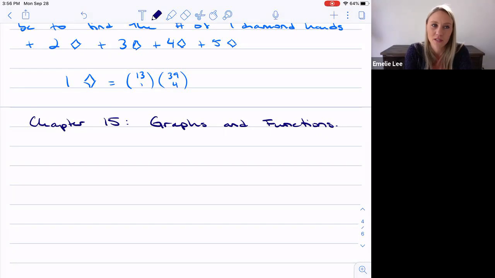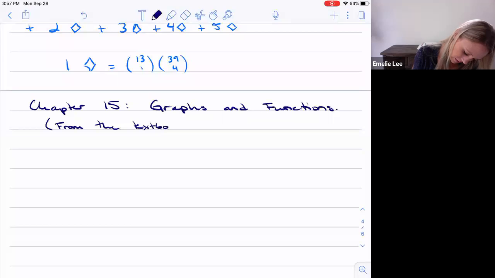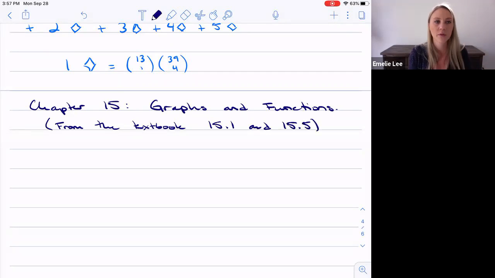Today we're talking mostly about straight lines, linear equations, all that fun stuff. From the textbook, we're doing 15.1 and 15.5, just as a heads up.